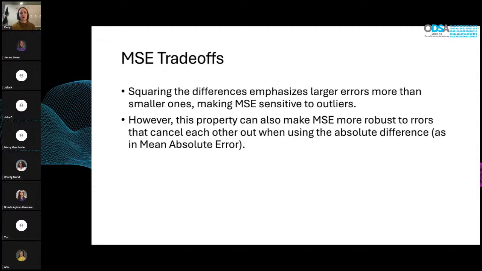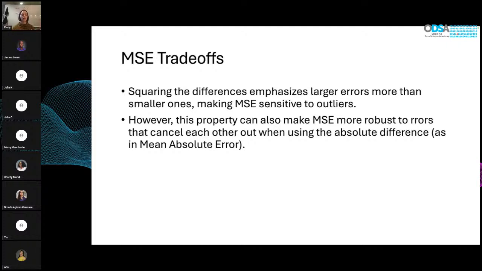So the trade-offs: squaring the differences emphasizes larger errors more than smaller ones. It makes mean squared error more sensitive to outliers. So if you're trying to compare mean squared error and mean absolute error, if you want one that's more sensitive to outliers, that's mean squared error. Remember, in absolute error, we said it's a true average.